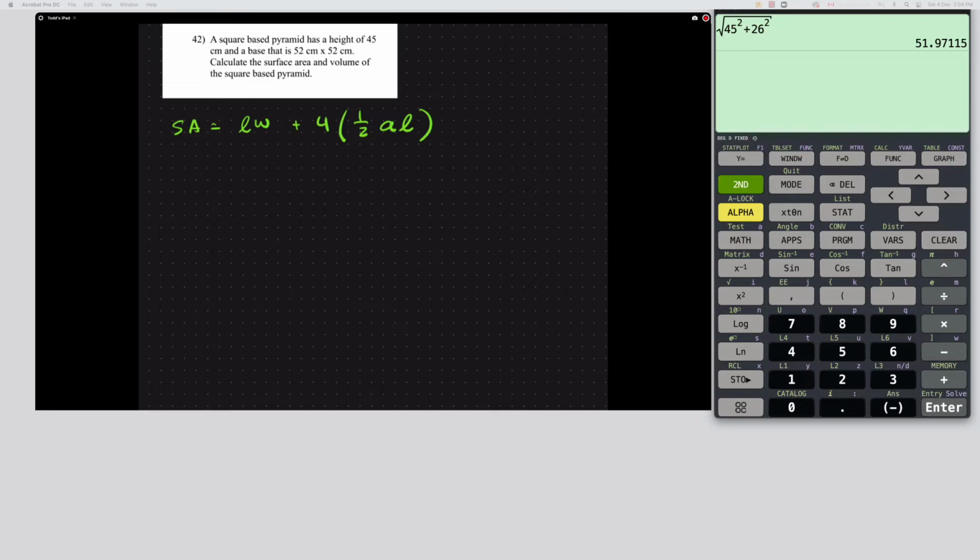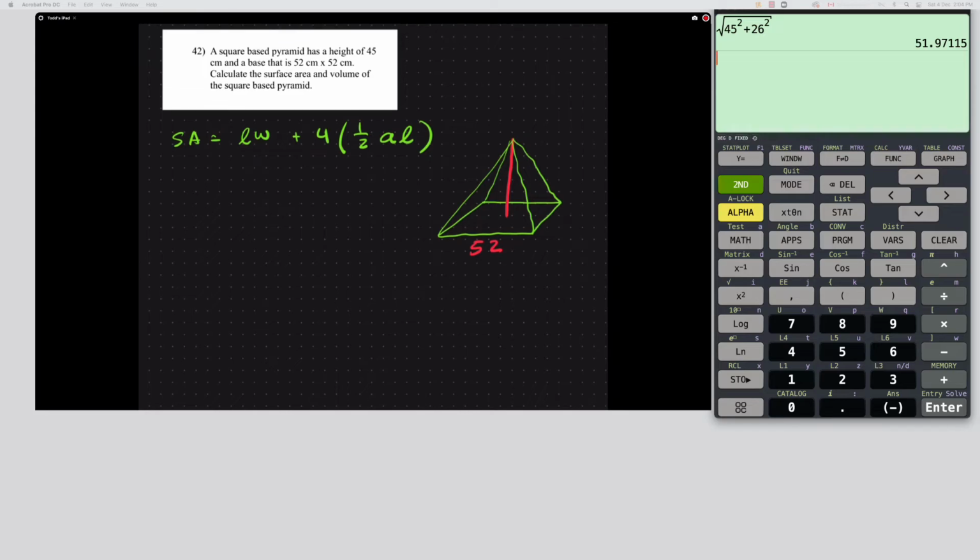Okay, now if we look at the square-based pyramid as it sits, it's going to have this height that's in the middle, and all the sides are going to go down from that middle to that point right there, to those points. And then in the question it says that this is 52 long right here.